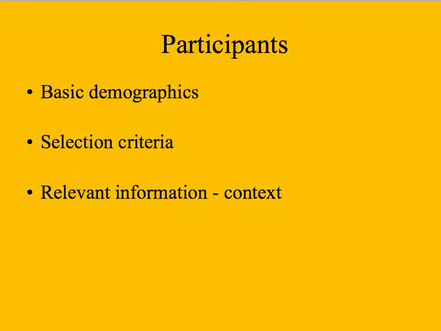So for example, you might need to tell the reader how many subjects you've chosen. You'll need to tell us a little bit about their basic demographics, so height, weight, gender, whether they're sports students, whether they're college students, whether they're amateur football players, whether they're professional soccer players. The point is you need to give a little bit of background as to who they are.